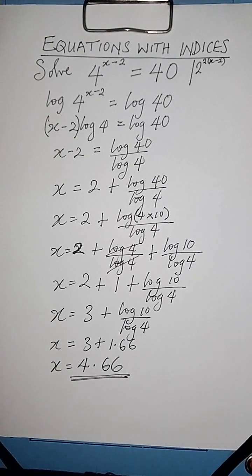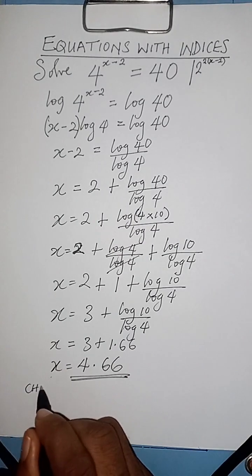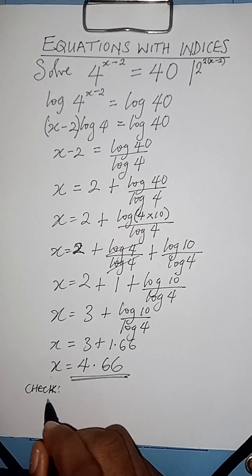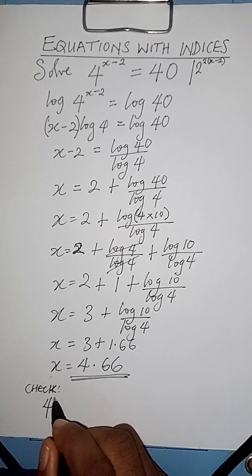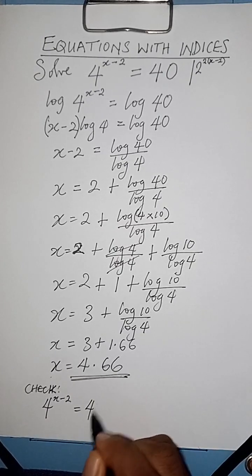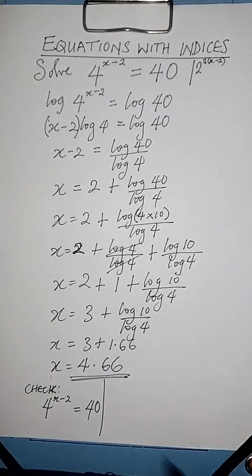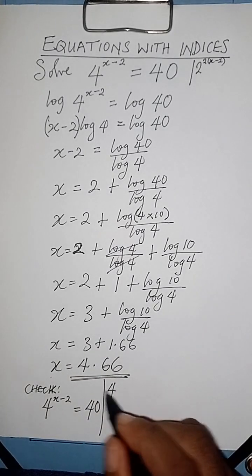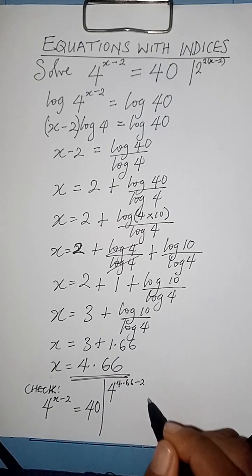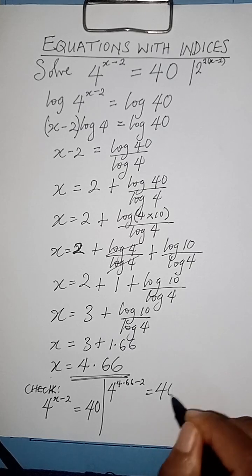You can always check if your answer is correct by substituting the value of x into the given equation. Now, this is the check: 4 raised to power x minus 2 equal to 40. So I'm going to substitute the value of x, which is 4.66, minus 2 equals 40.